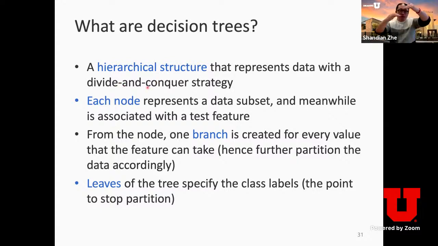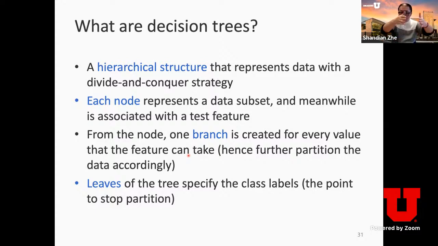You can view the root node of the tree as representing the whole data set. Then each child node represents a subset of data. Each node, in the meantime, is associated with a test feature. When we grow the tree, we use this test feature and look at every distinct value it can take.